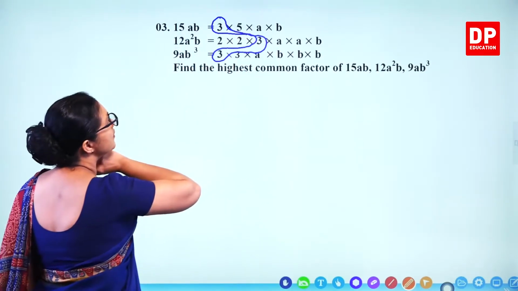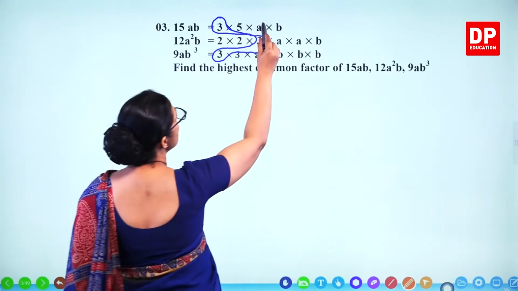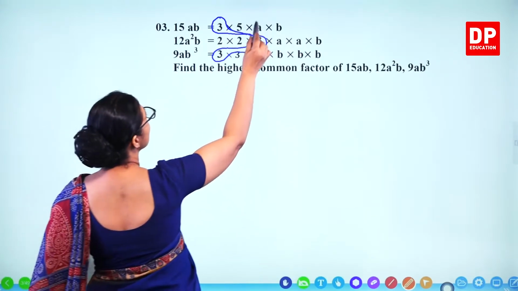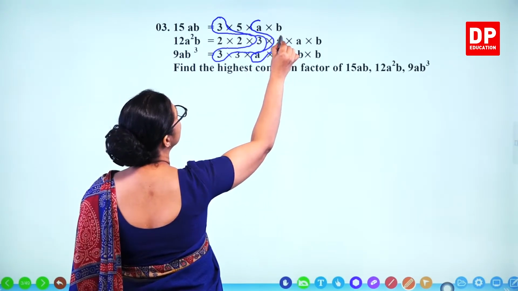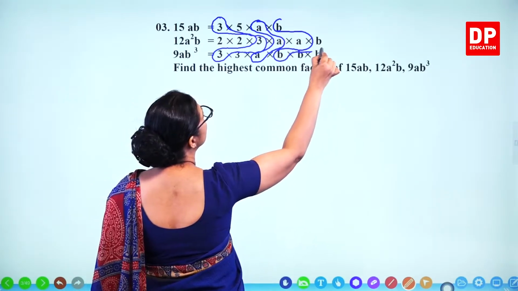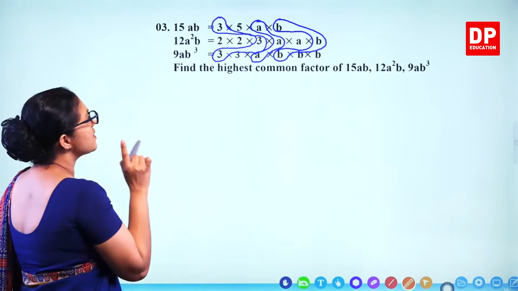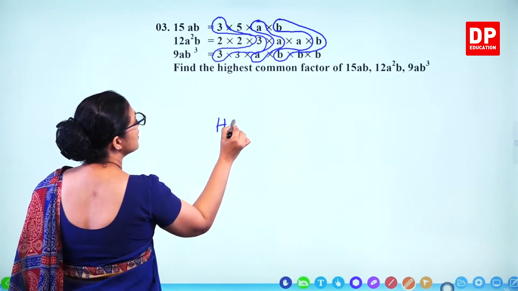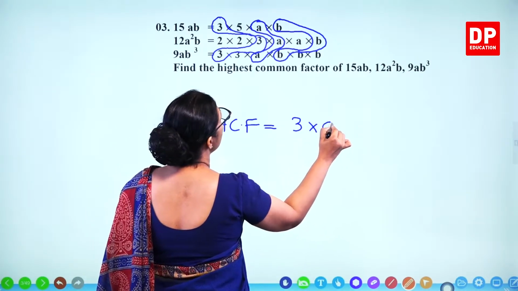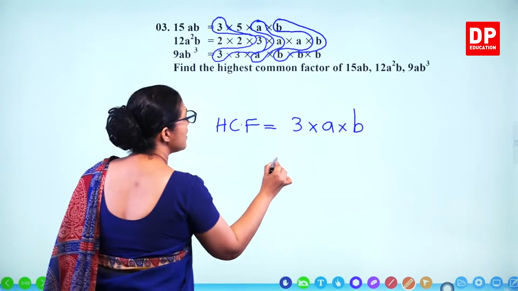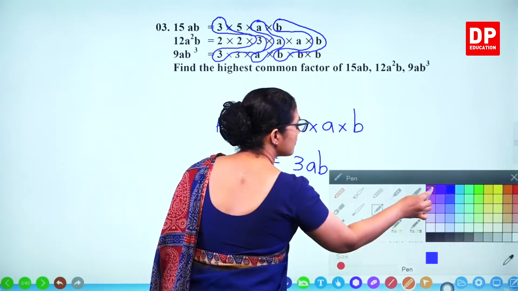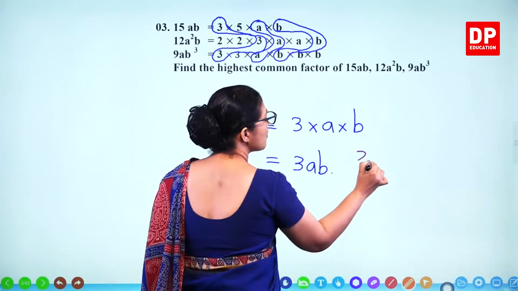A is common. And b is common. So the highest common factor is 3ab. You can write 3ab. Two marks for that.